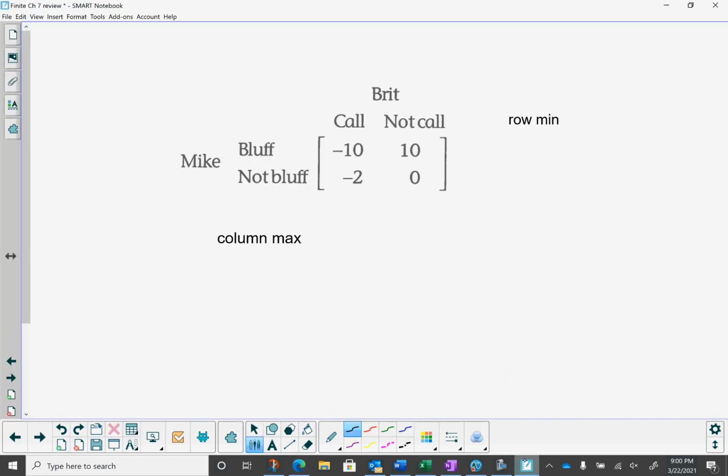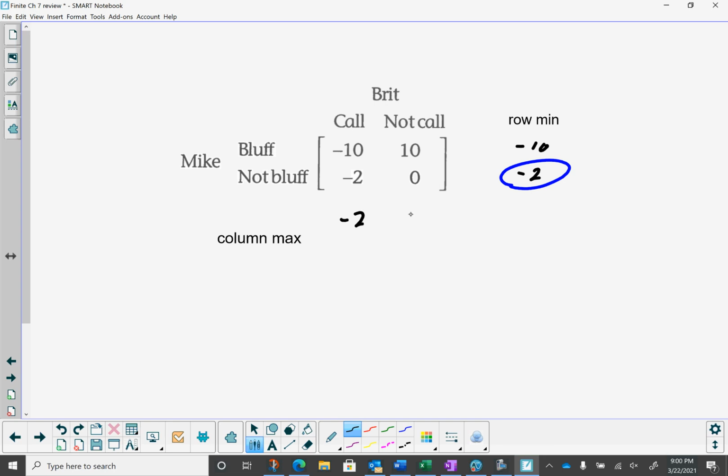All right, so again, we're looking for the row minimums from Mike's standpoint. That'll be -10 for this one and -2 for that. So again, of these minimums, we're looking for the maximum. And then from Britt's standpoint, we're looking for the column maximums.